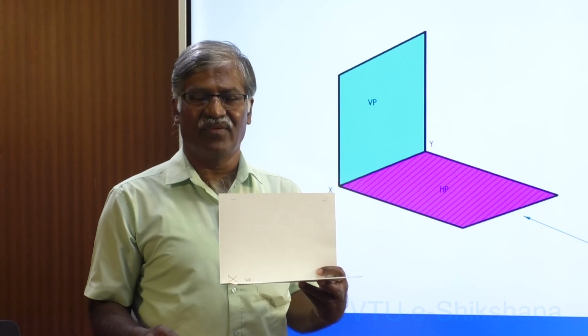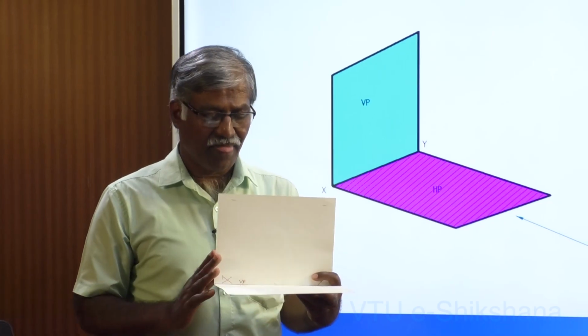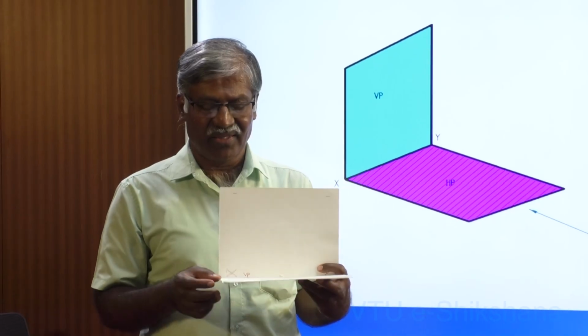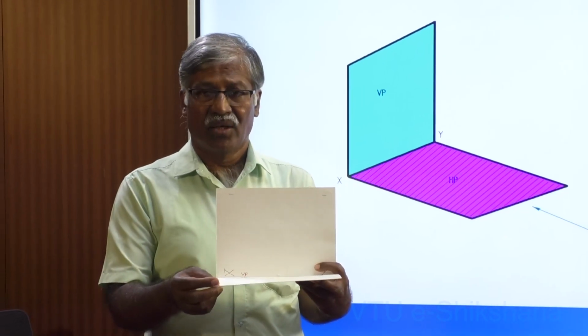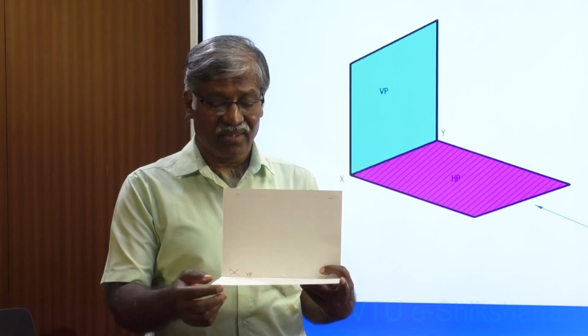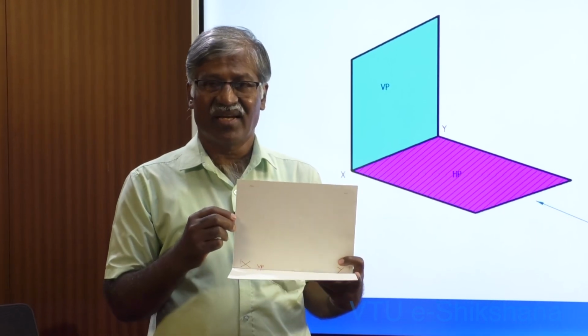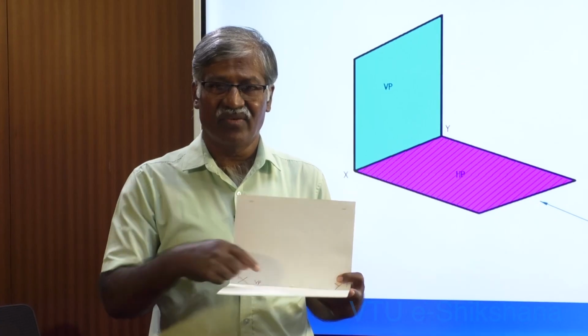Now, how exactly do we do it? Consider this system. This is the vertical plane, this is the horizontal plane. Let me project the horizontal plane itself on VP. Where exactly does it coincide? It coincides with the XY line.